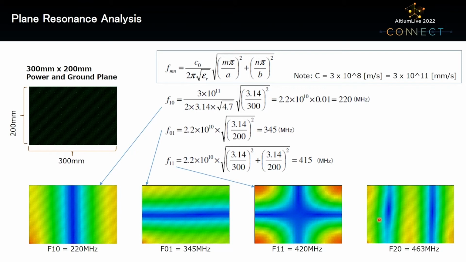When the resonance frequency increases in this way, it resonates with a complex voltage distribution. It is possible to calculate resonance of such a simple rectangular plane, but in actual PCB design, the plane has a more complex shapes.